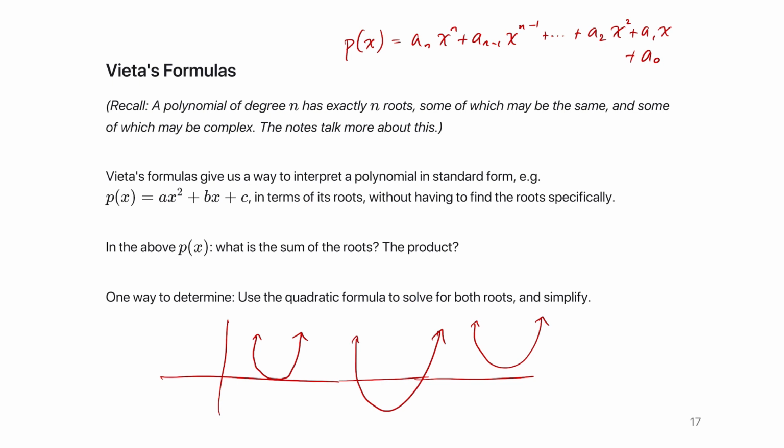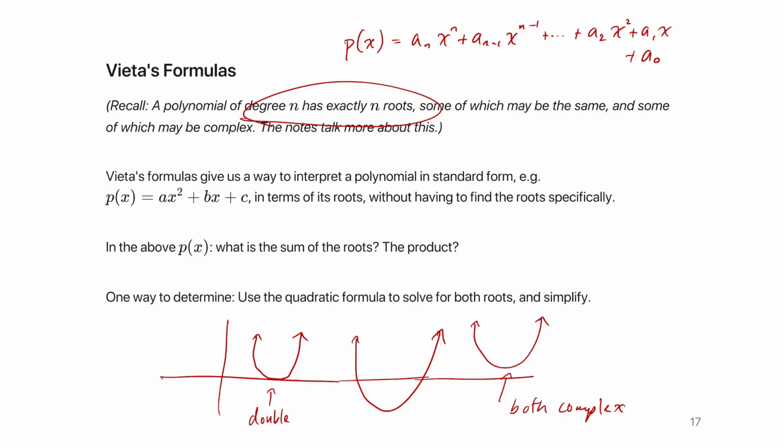In reality, all 3 of them actually have 2 roots, but some of them may be repeated and some of them may be complex. So in general, a polynomial of degree n has exactly n roots. Here it's just a double root. Here they're both complex. Is that okay? That's all we really need to establish to move forward.